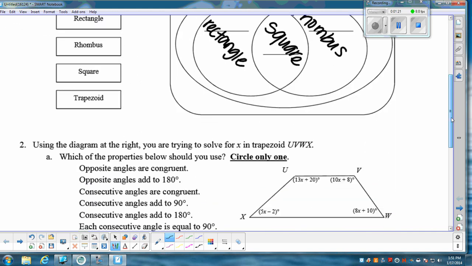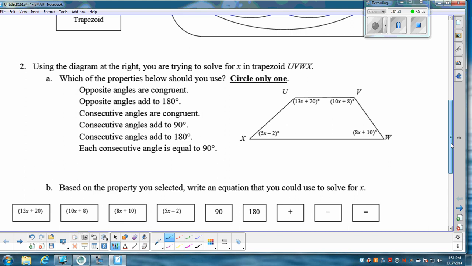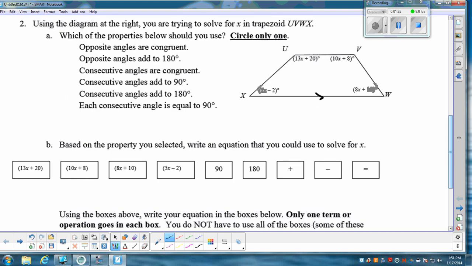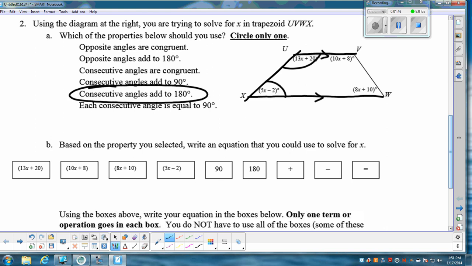We look at number 2, we have a trapezoid. So all we know is that we have the one pair of parallel sides. Well, if we think back to our parallel lines unit, we have our parallel lines cut by our transversal. So we know that these consecutive angles right here would have to add to 180 degrees because they're same side interior or consecutive interior.